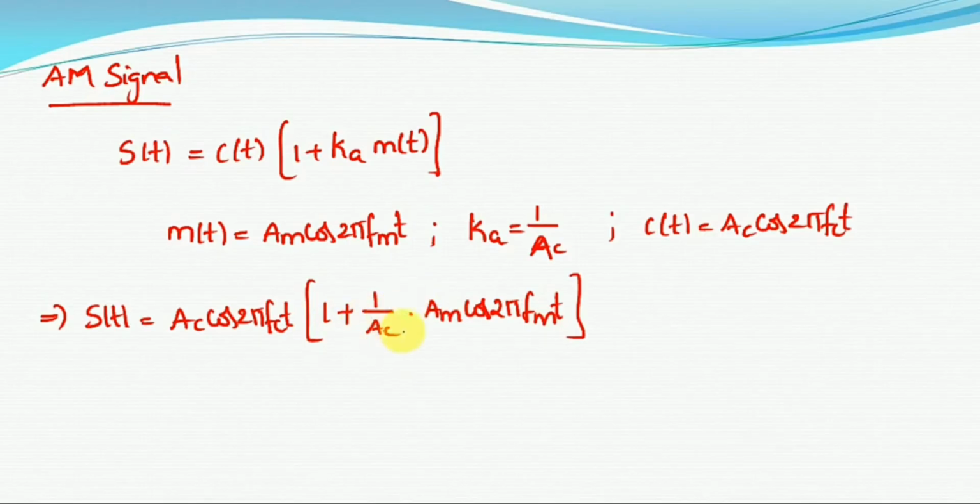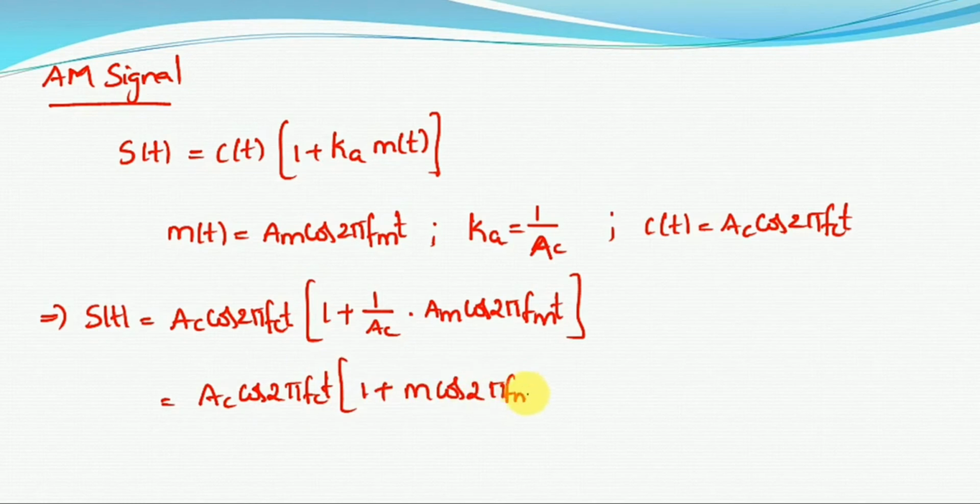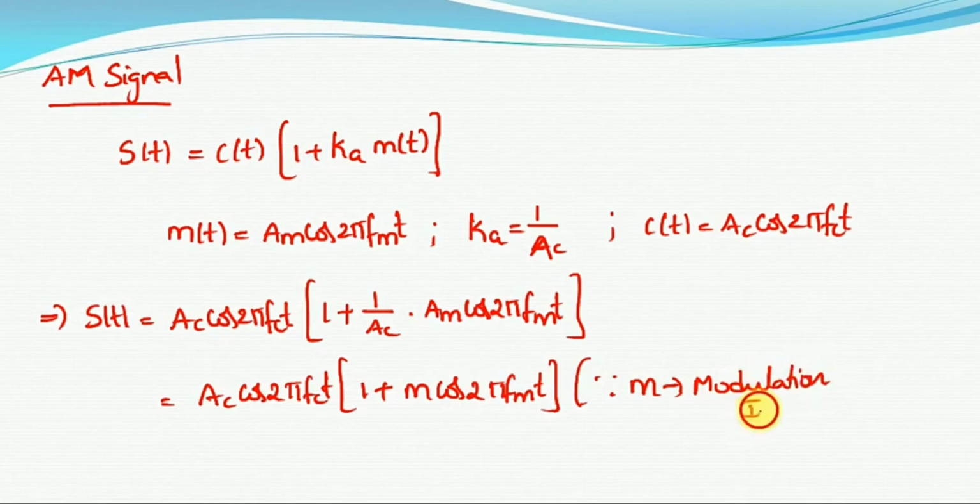From the definition of modulation index, m is equal to Am by Ac, so simply substitute. Finally its value will be Ac cos 2 pi Fc t into 1 plus m cos 2 pi Fm t, where m is the modulation index and its value is Am by Ac.